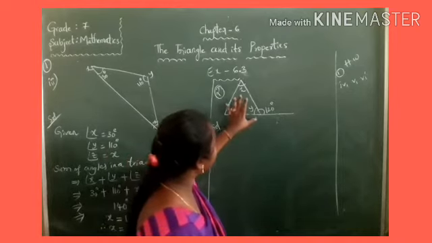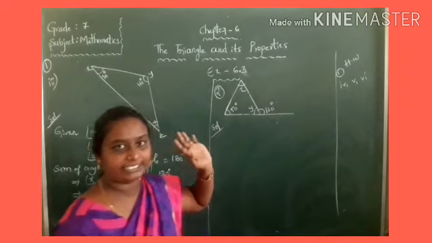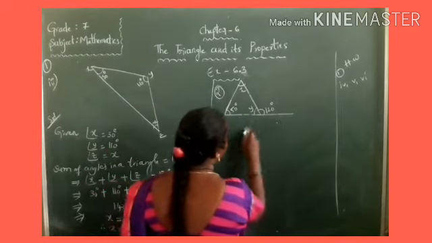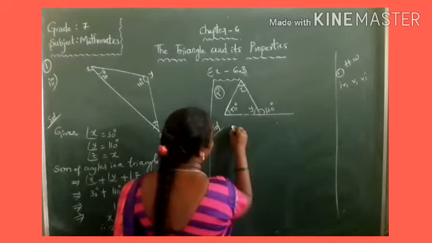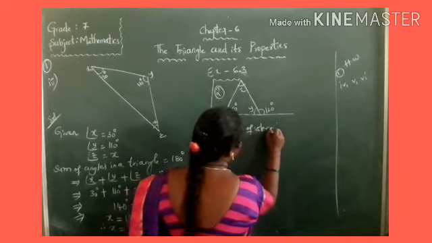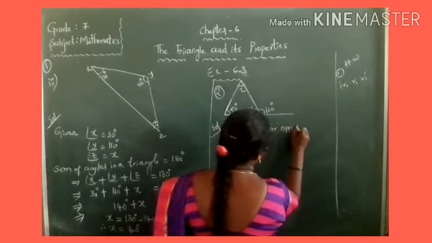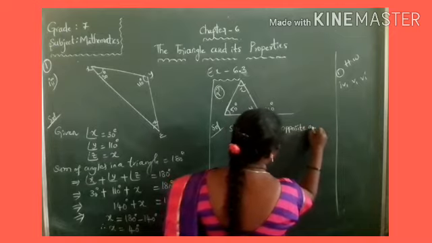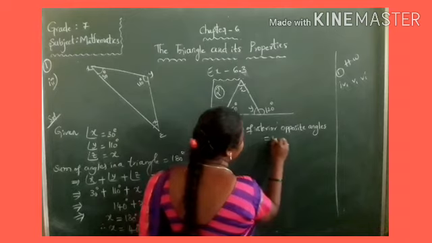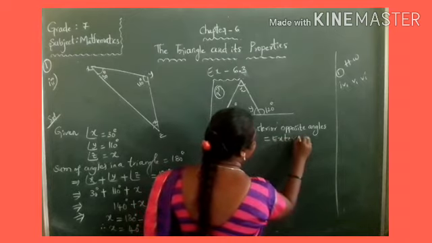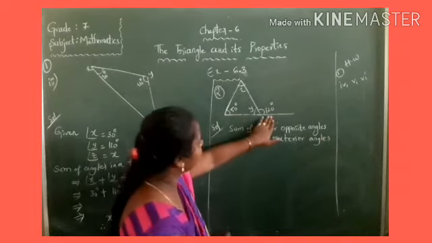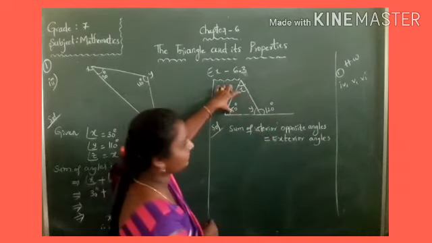Tell me what is the value of angle x? You have to use exterior angle, sum of interior opposite angles is equal to exterior angle. The interior opposite angles are these two.